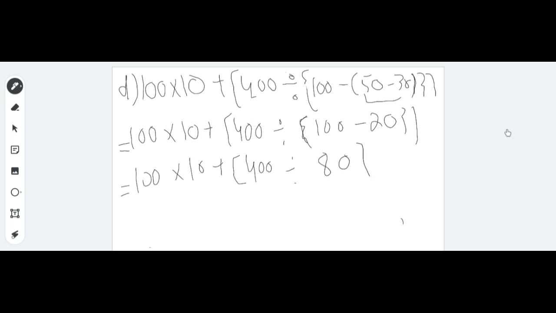Now 400 divided by 80, the answer will be 5. Yes. 100 multiplied by 10 plus 5. Now here 1000 plus 5. Then the answer will be 1005. Okay.